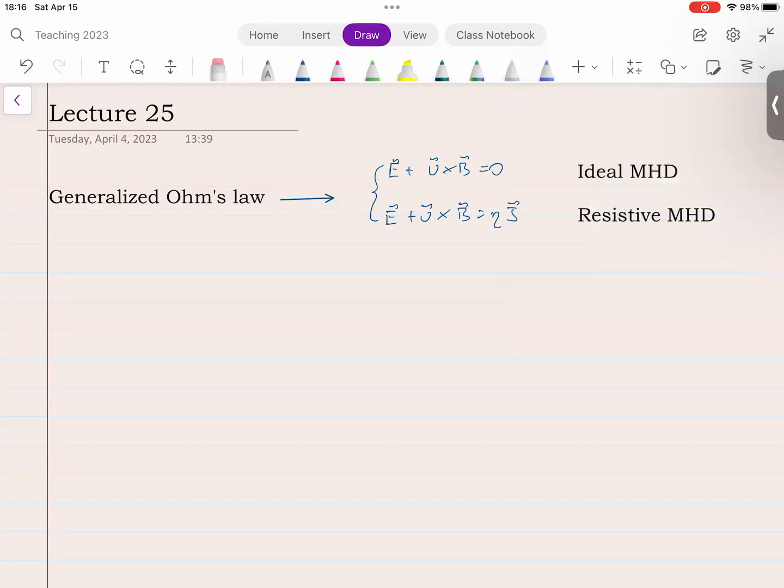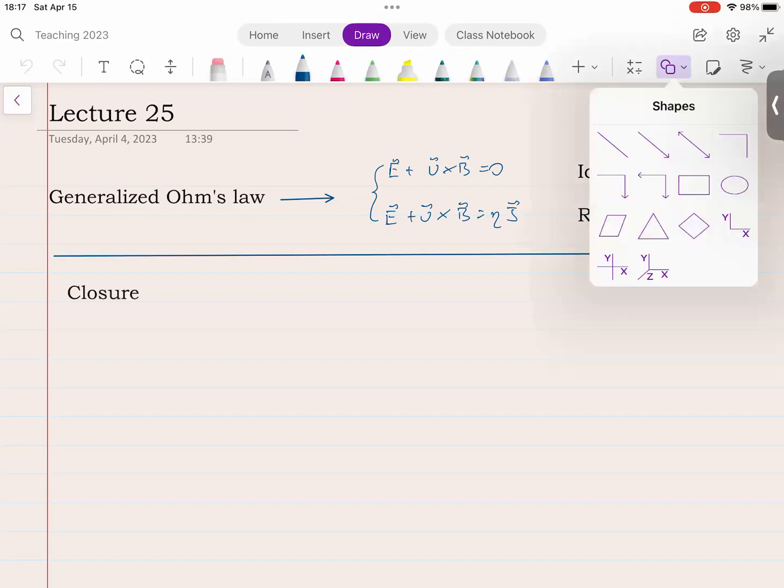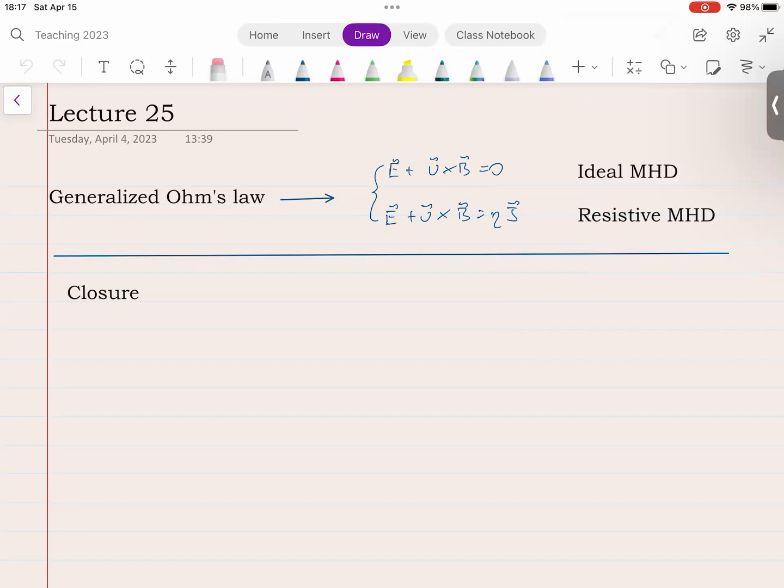Now, I'm going to give up on my hope to draw a straight line here. I'm going to add something on what many call the equation of state. And as you'll remember, I called it closure for the reasons we have discussed during this course. We've already encountered this.